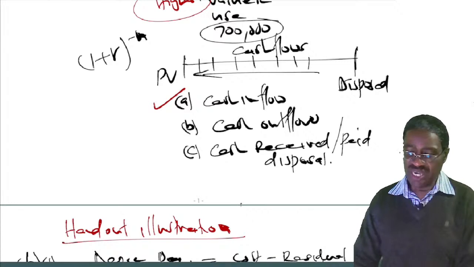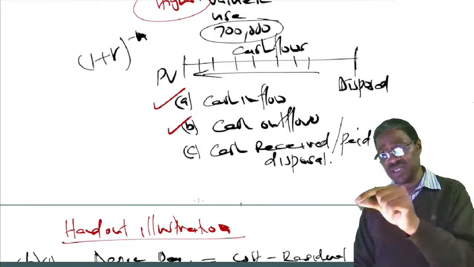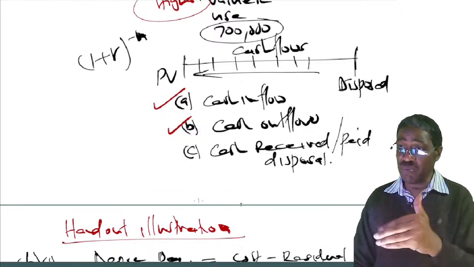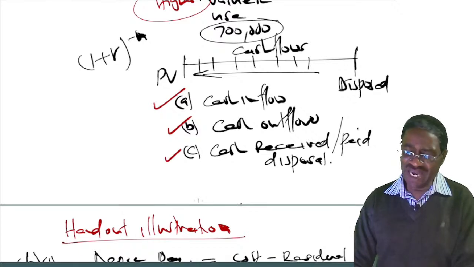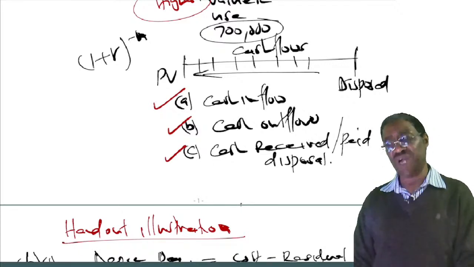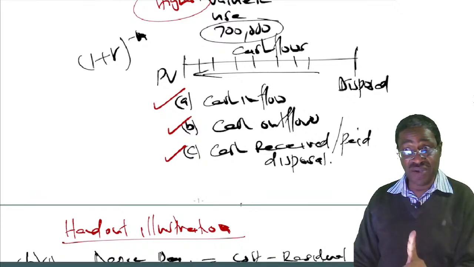Number 2, any cash outflow that will be necessarily incurred in the process of trying to generate more cash inflow. I gave you an example of maintenance cost. Number 3, any cash received or paid at the end of the useful life due to the disposal of the asset. Are you there? Good.